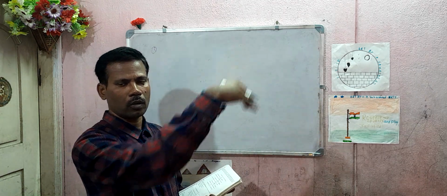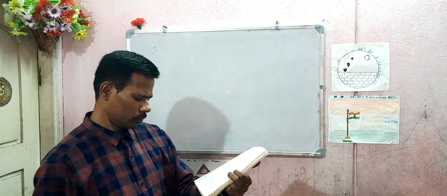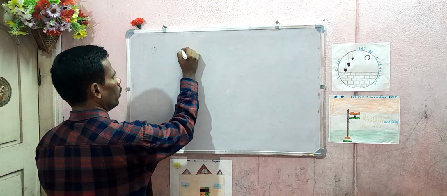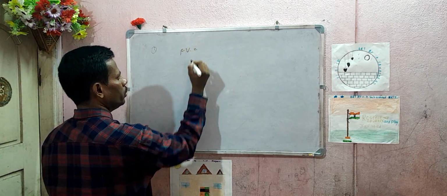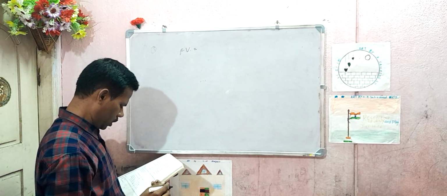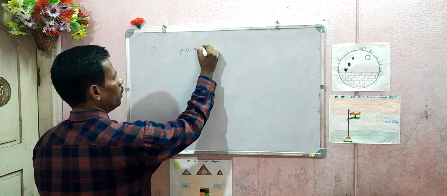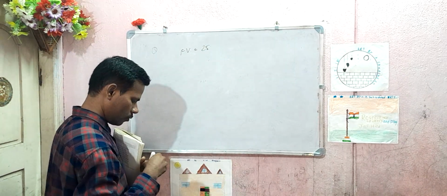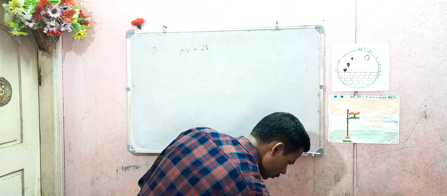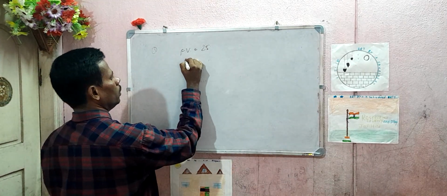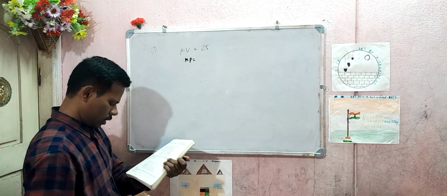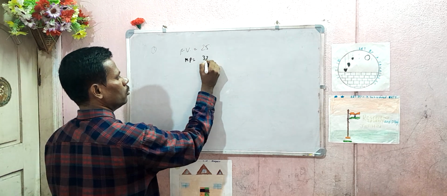So I am going to write all the given conditions. Face value of each share is nothing but 25. Market price is nothing but 32.